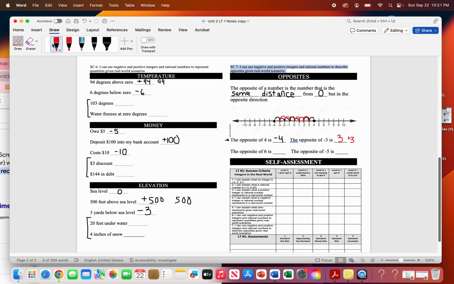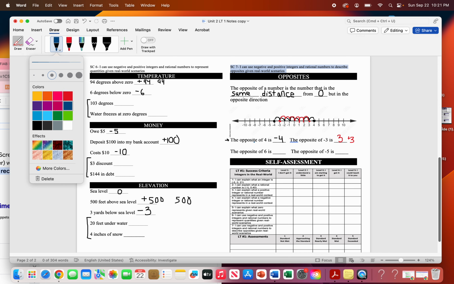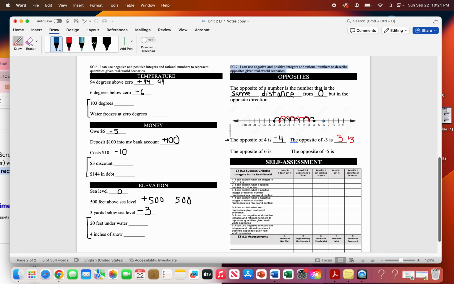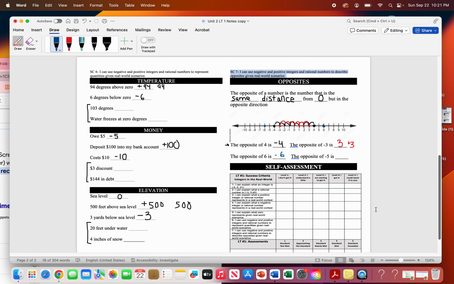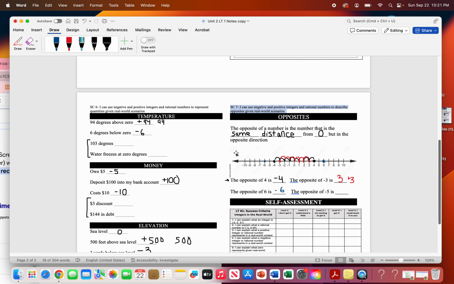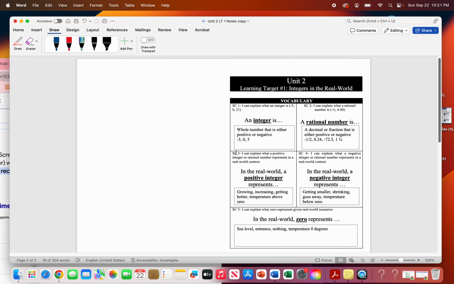All right, next one. The opposite of positive 6. The opposite of that would be negative 6. Why? Well, because we know there's 6 spaces from 0 either way. All right, go ahead and finish that last one on your own. That should be pretty easy. Make sure you bring this to class with you because we're going to be going over this vocabulary as well as these examples.